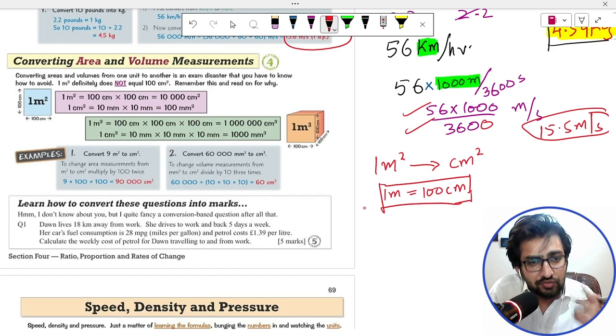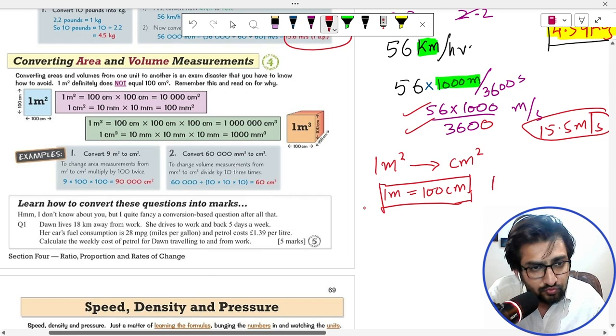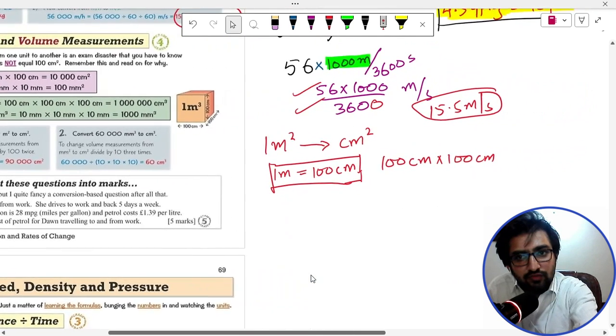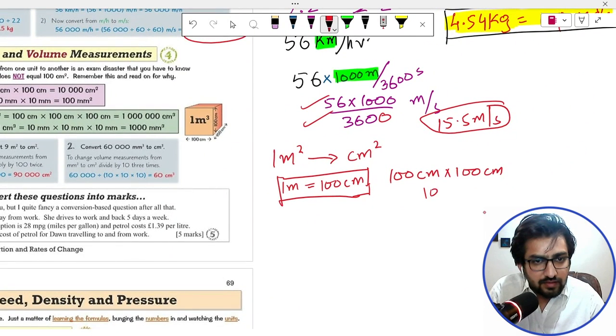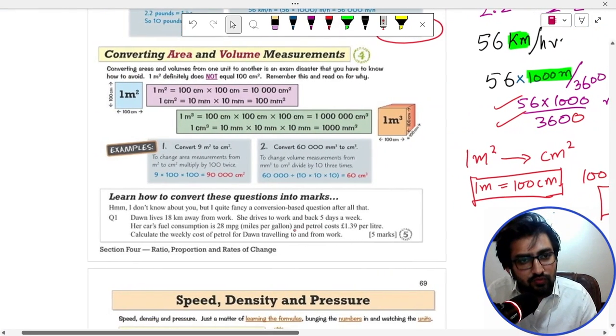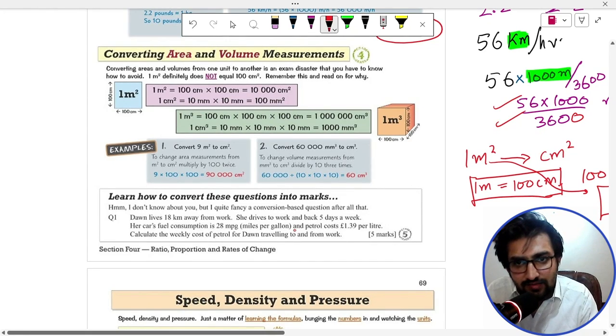So it will become 100 centimeter times 100 centimeter, which is equal to 10,000 centimeter square. That is the answer. 1 meter square is equal to 10,000 centimeter square.